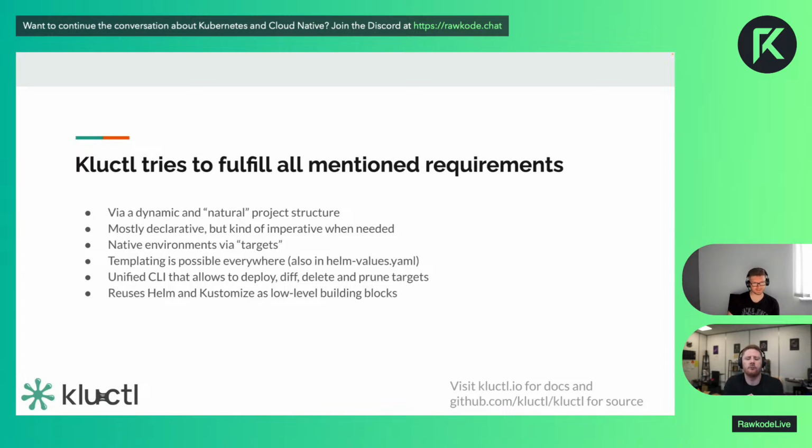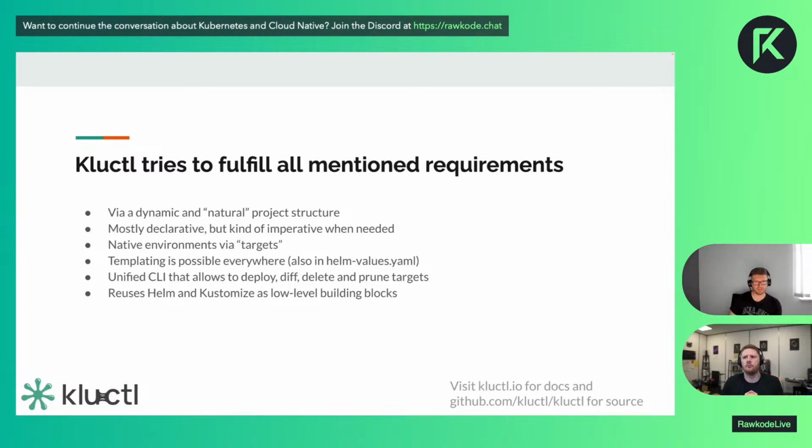I call them targets because after some time I realized that you don't only deploy environments. Sometimes you deploy stuff to a cluster, which is, for example, base infrastructure stuff, and I wouldn't call that an environment. It's the dev cluster, but not the dev environment. So I decided to call that concept targets.